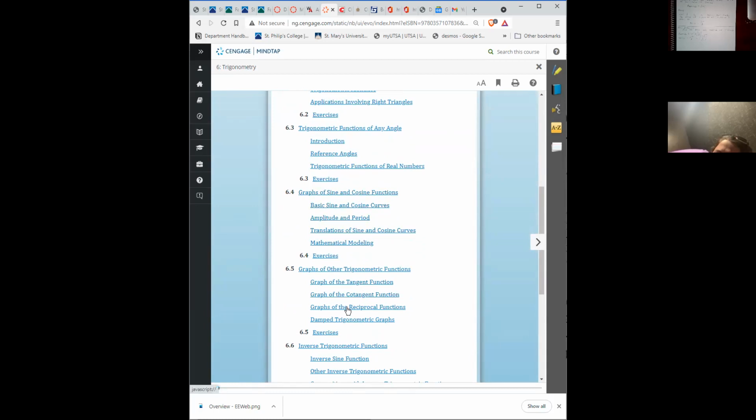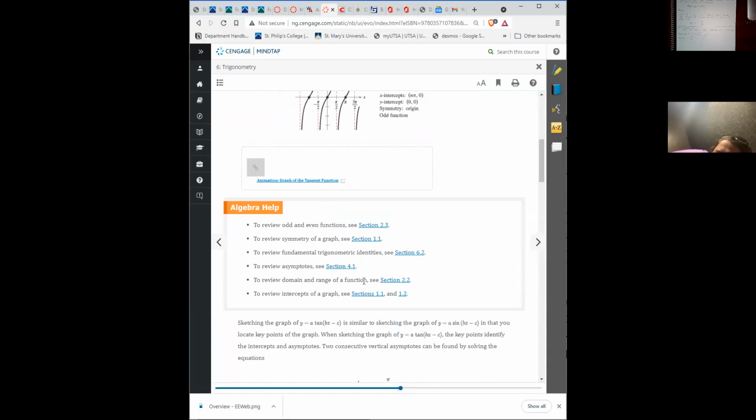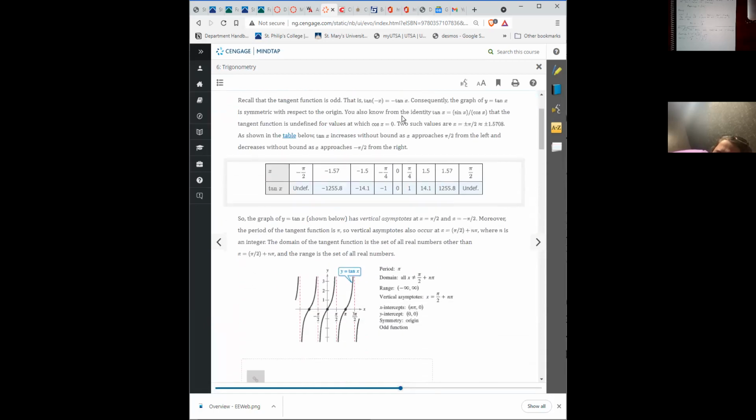These are just sine and cosine. It should be here, for tangent.